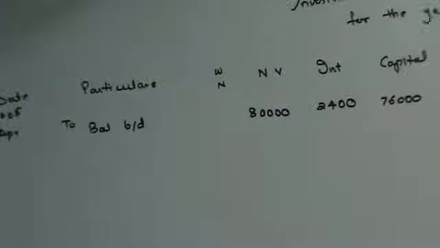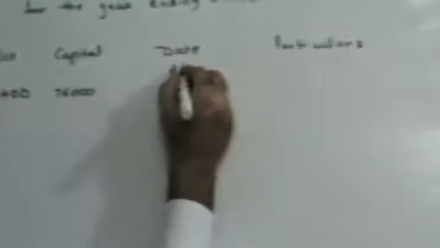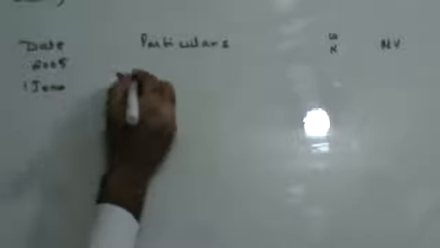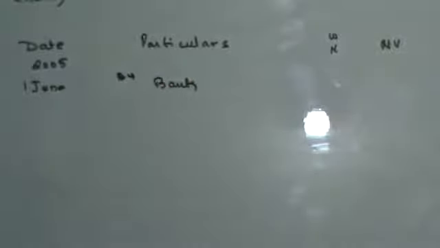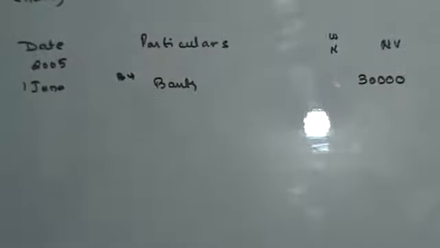Let's move on ahead. On 1st June, 300 debentures were sold. Debit what comes in, credit what goes out. So on the credit side, 2005, 1st June, by bank. You sold 300 debentures. Face value of each debenture is 100, so 300 into 100, 30,000.